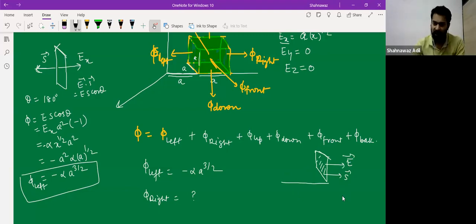So S is A square I hat and E is what? You calculate and tell me what would be phi right.